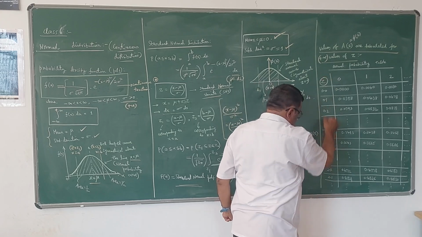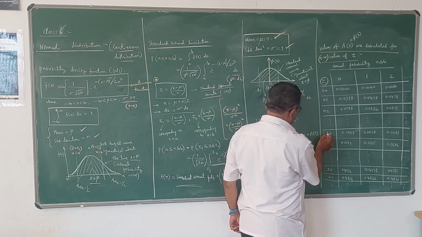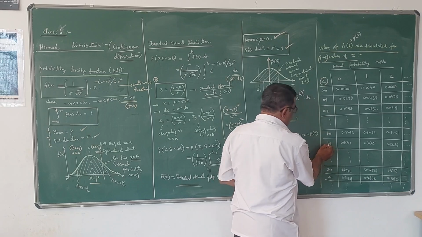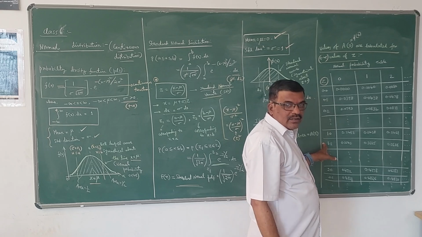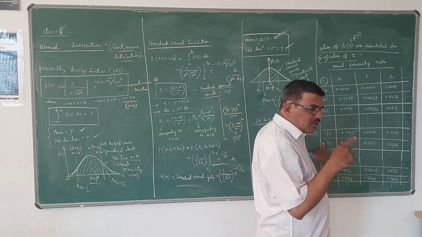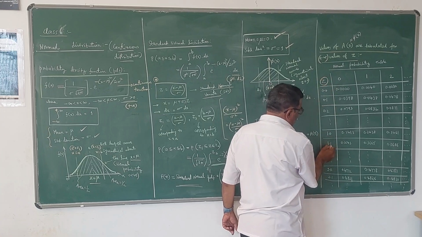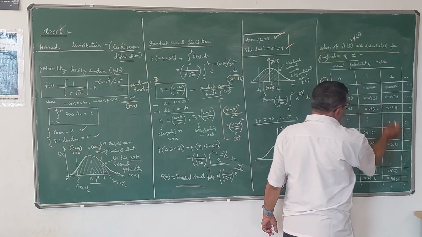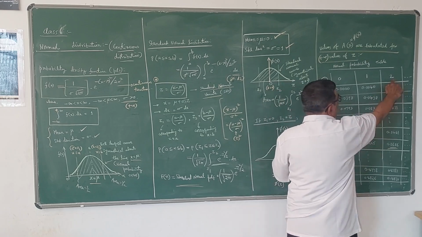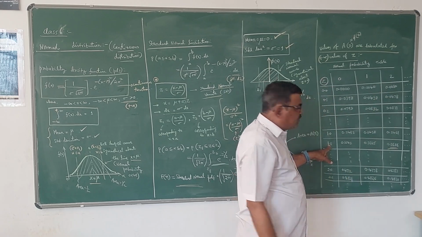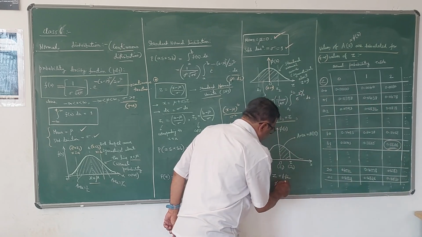So you read along the column: 1 is here, 1.1 is here. Horizontally also 0, 1, 2, 3, 4 will be there. So for 1.12, you look in the z column for 1.1, then here we take 2. So this is actually 1.12. The value of phi of z is 0.3686.